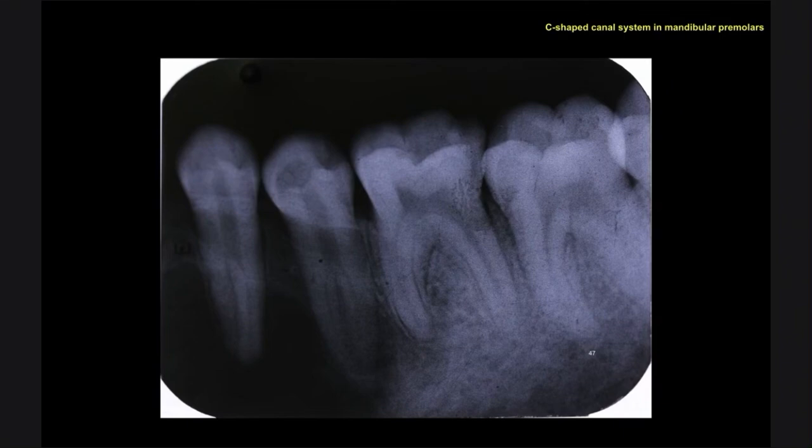And from this picture, this is a pre-operative radiograph, even before the root canal treatment of 3-6 and 3-1, 3-2, 3-3. This is the initial radiograph before any treatment done to the mandibular teeth. And this radiograph shows there's a sudden change in the radiographic density and the shape of the canal spaces of tooth 3-4 and 3-5. This indicates that there may be a C-shaped root and C-shaped canals.